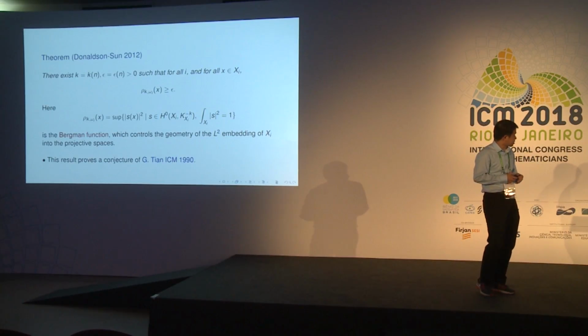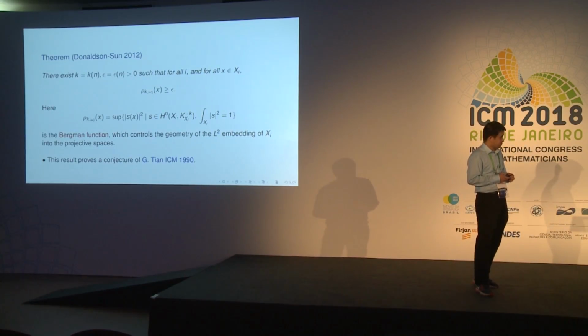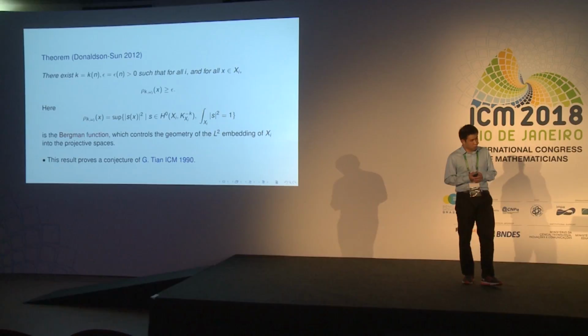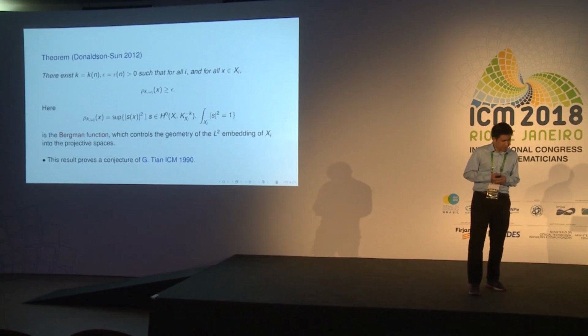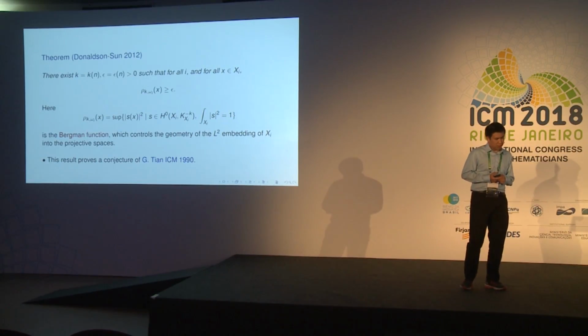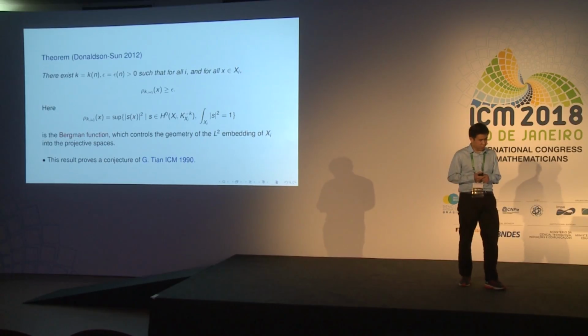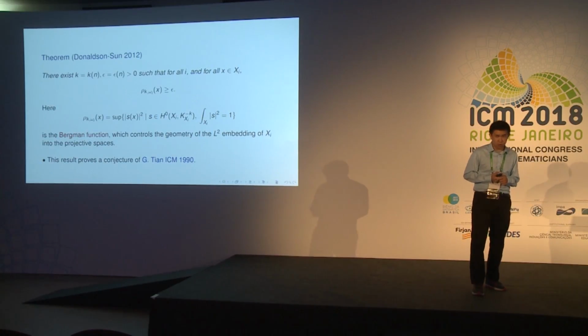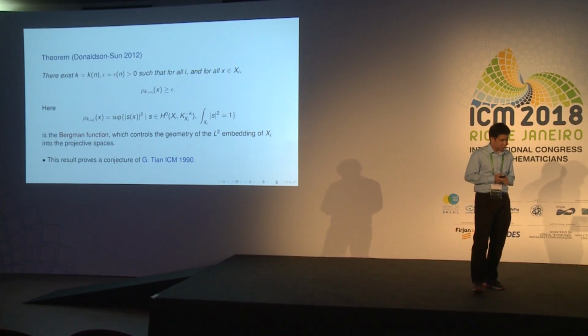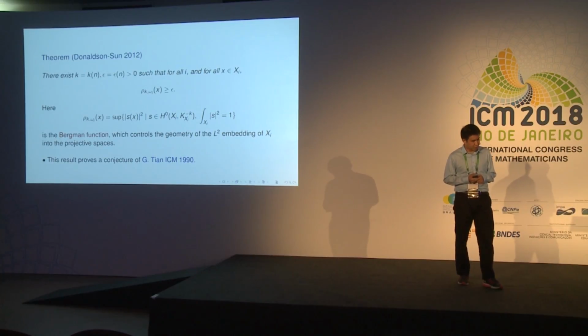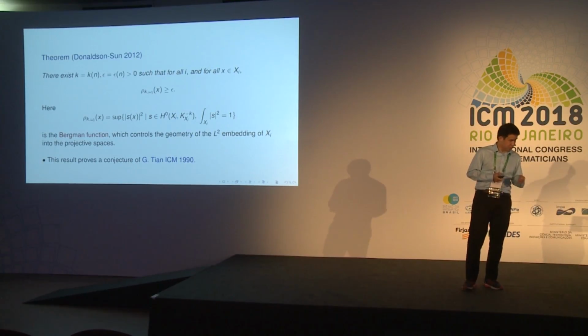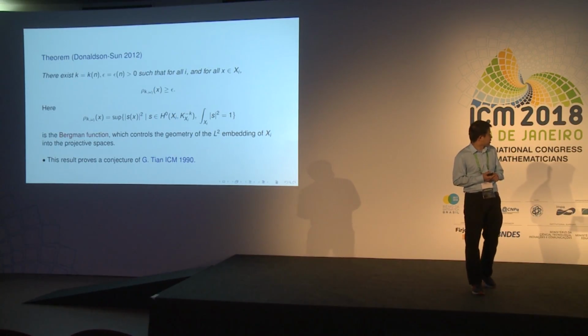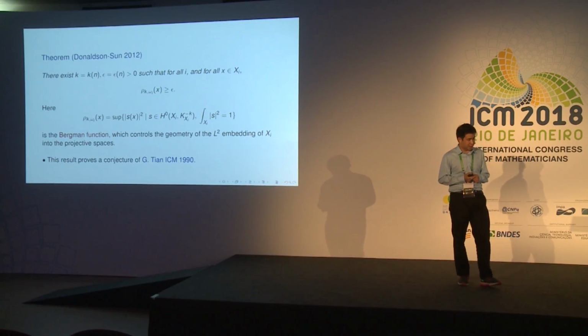So this is the technical result that we prove. Here, it's about a uniform lower bound on the so-called Bergman function for this sequence of Kähler-Einstein metrics. The Bergman function has a subscript k, and it depends on the metric omega.